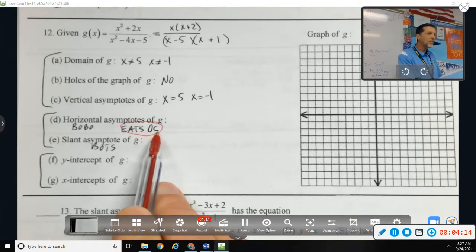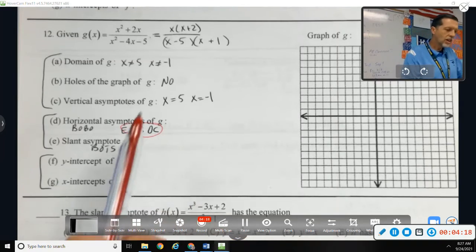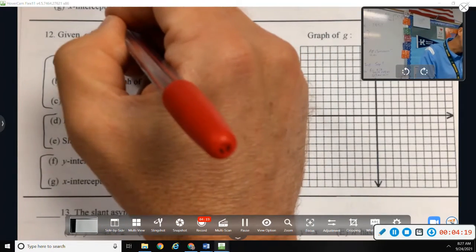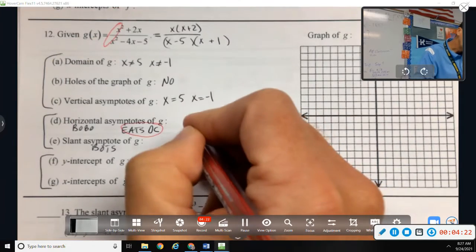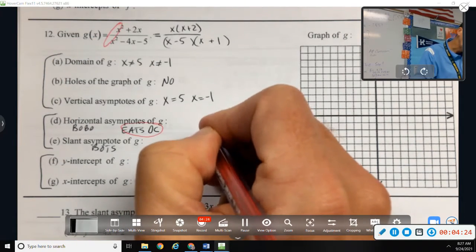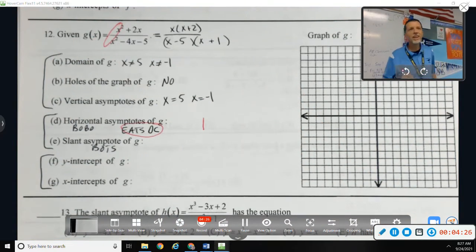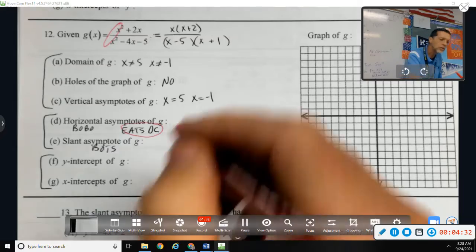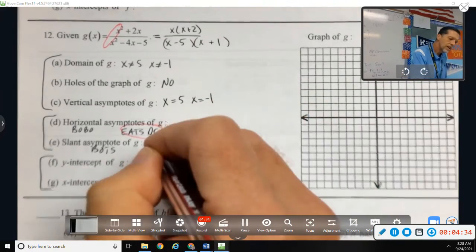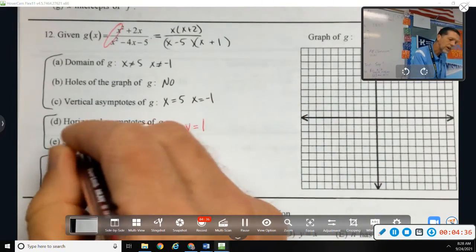What does the DC stand for? Divide the coefficients. So what happens when I divide the coefficients? 1. So is my horizontal asymptote 1? Yeah. What's not quite right about that? Y equals 1. And then there are no slants because it's not BOTS.